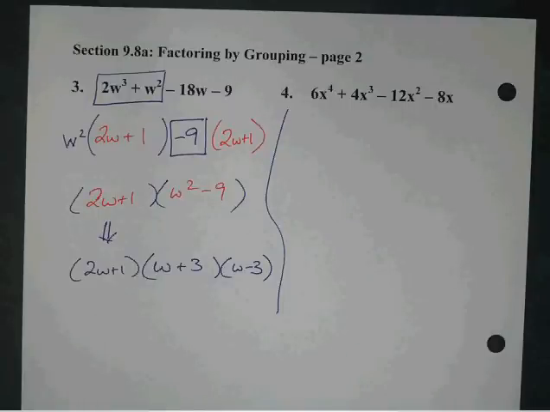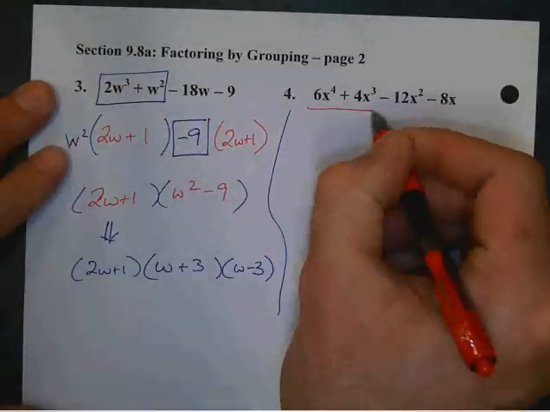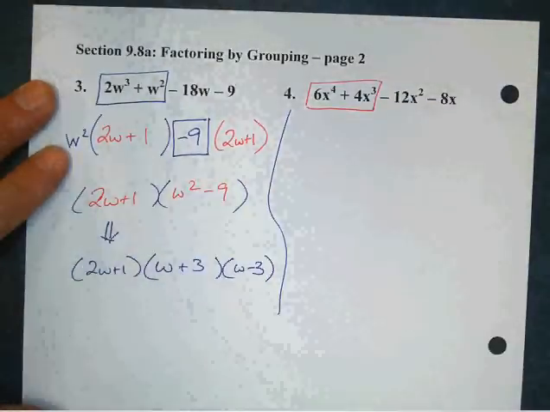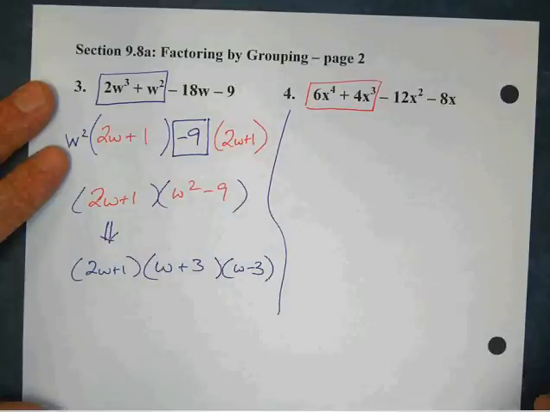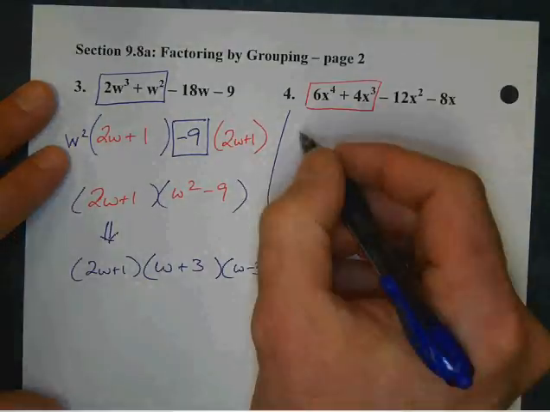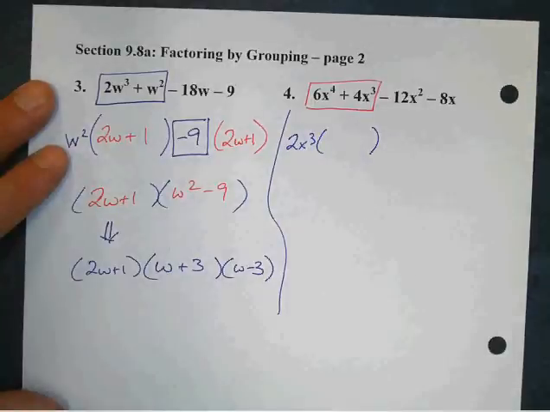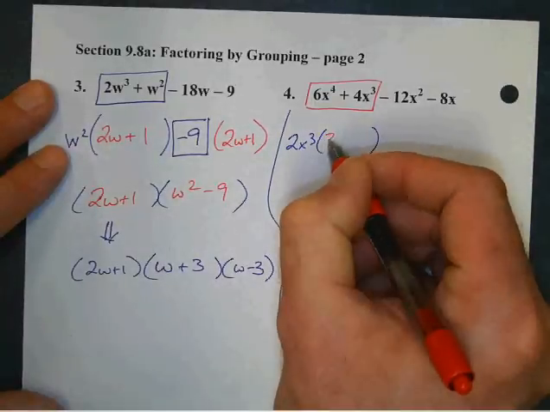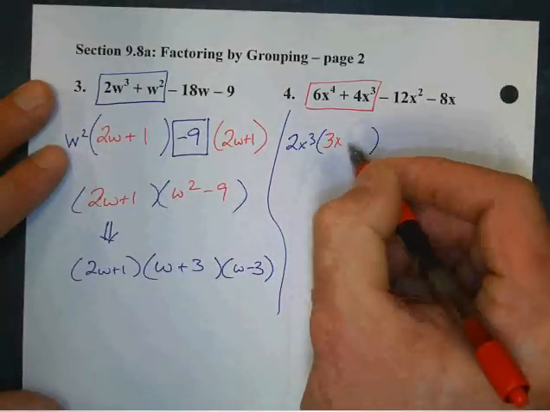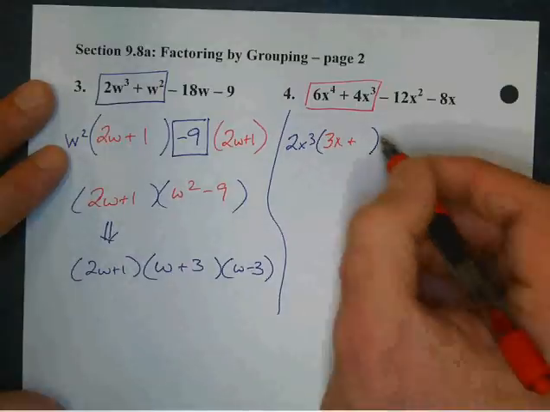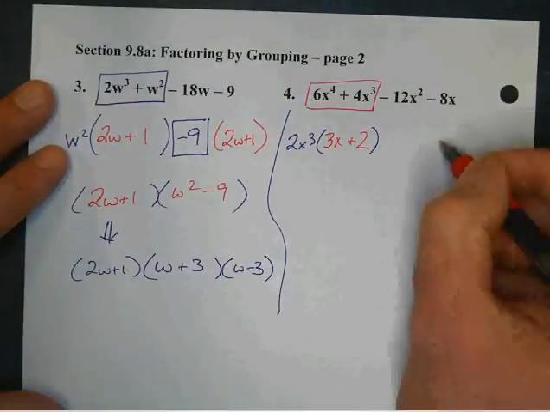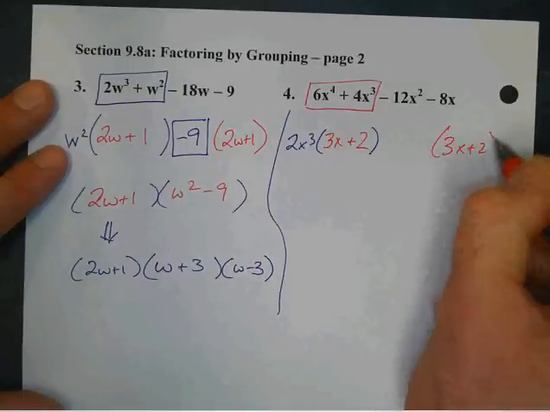Let's look at number 4. What's my GCF here? 2x. 2x cubed. What's left, Drew? 3x and 2. Okay, I would agree. 3x plus 2.